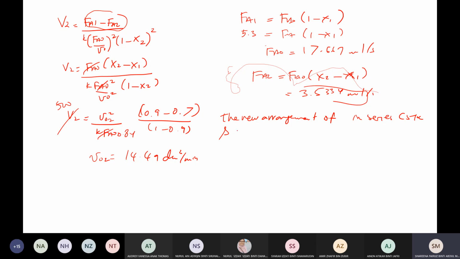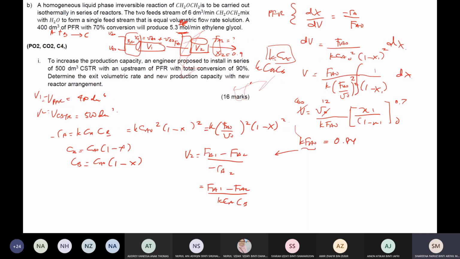Okay, and PFR affect the capacity production of ethylene glycol. Okay, sebab yang ni kita dapat yang ni, so jap.